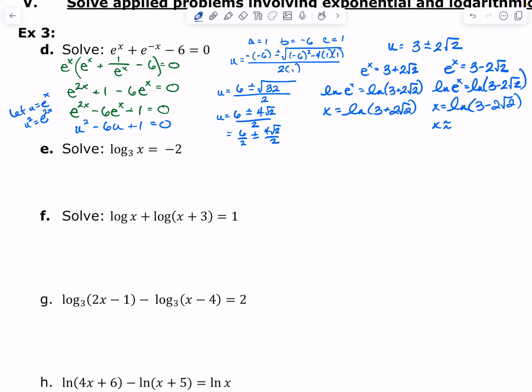X is approximately equal, we'll go with this one first, negative 1.7627. Please let me know if I have screwed something up and you get something different. And this other one here, I get x equals 1.763.